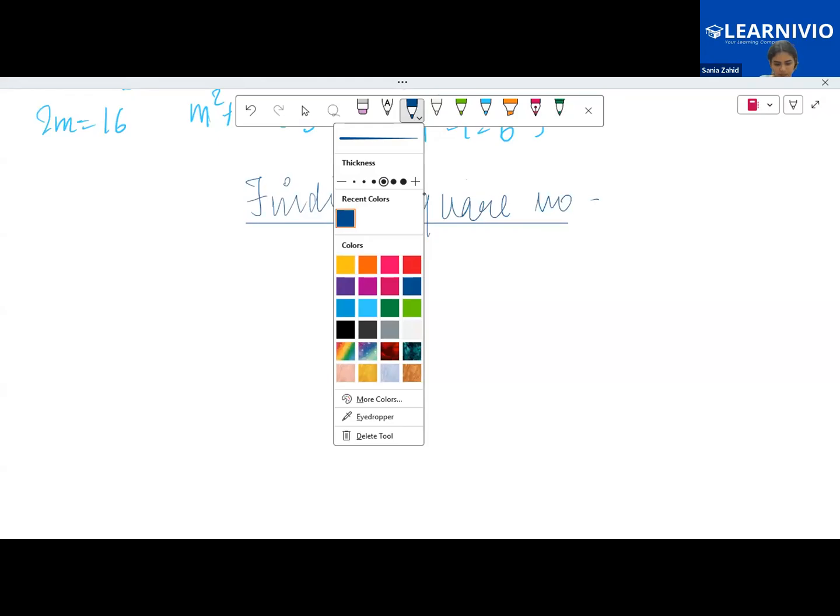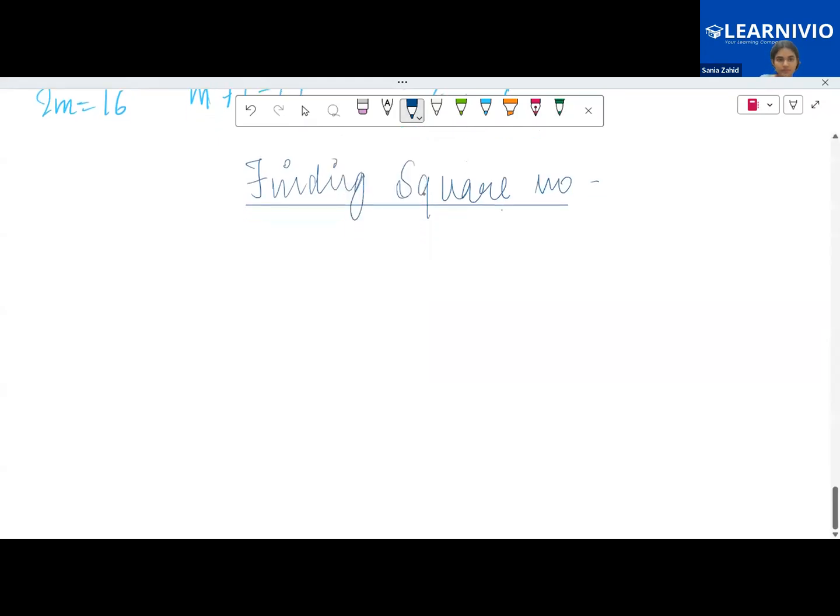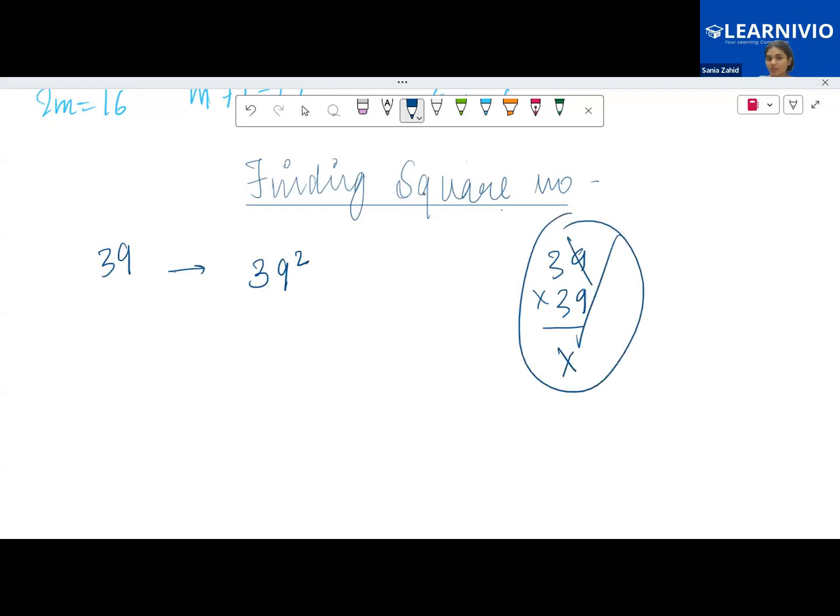Let's say 39. Okay. And now I say find the square of 39 without multiplying. That means I'm asking you what is 39 square, but you don't have to do it like 39 into 39. You don't have to follow this method. So without following this method, you find the square.